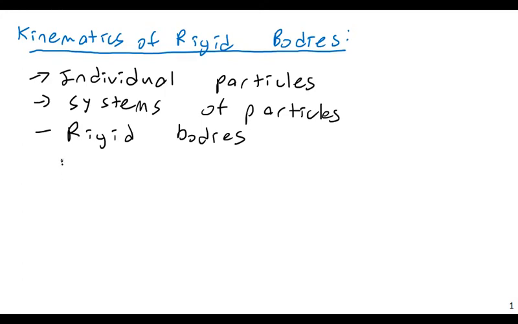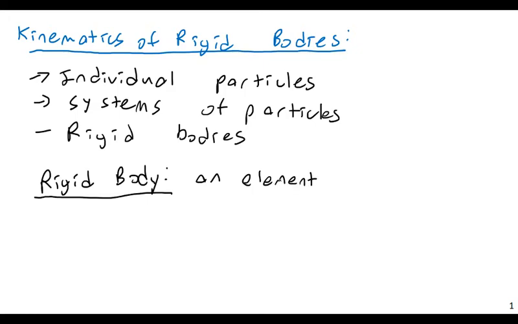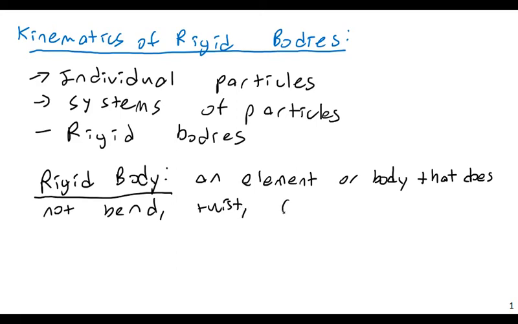And of course, I would like to define what a rigid body is. If you have taken me for statics or seen some of my old statics videos, I define a rigid body as an element or body that does not bend, twist, flex, or deform in any way under load.